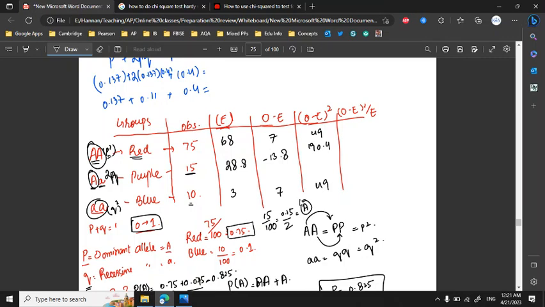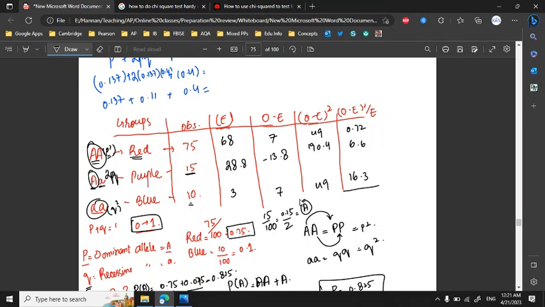Alright, now we would be dividing it by expected values. 49 divided by 68, 0.72. 190.4 divided by 28.8, that is going to be 6.6, and 49 divided by 3, that is going to be 16.3.